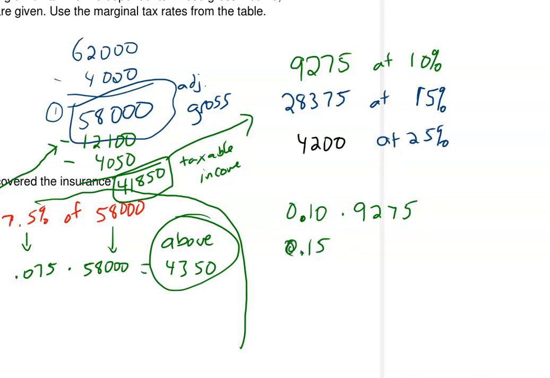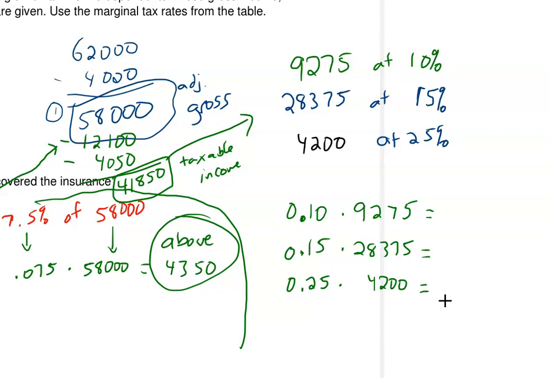That's really funny. It just got worse every time I tried to fix it. Okay, there we go. Times 28,375. And then 25%, 0.25, times 4,200. So I'll do each of these in my calculator. You really could do all of them at once in your calculator, because what we're going to do is add all these up. I'm just doing it one thing at a time, so you can follow along with the math.